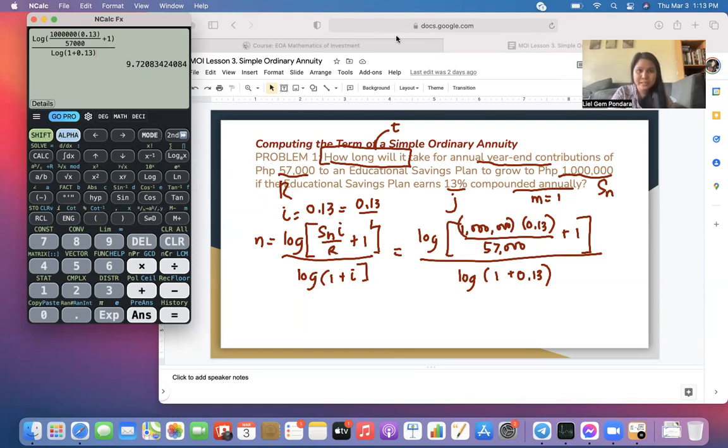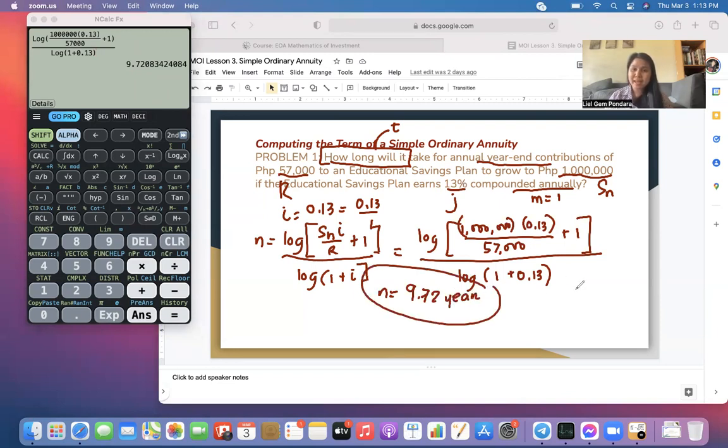Let me first write it. The value of our n is 9.72 years. Remember that n is m times t, right? But our m is 1, so it means that you don't need to divide it. But if there is a different value for m, you need to divide your n first before you can have your t. So for this problem, our n is 9.72 years.